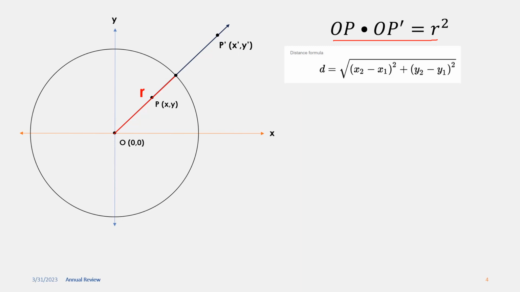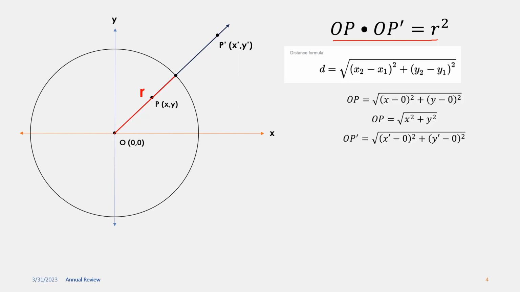Now we are using the distance formula. The distance formula is the square root of the quantity x sub 2 minus x sub 1 squared plus y sub 2 minus y sub 1 squared. How are we going to find the length of OP?